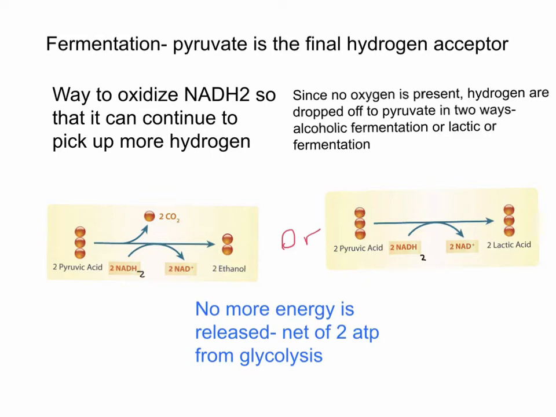When it drops off those hydrogens, a CO2 comes off, and you also get ethyl alcohol. The big thing is your NAD can now go back and continue with glycolysis, because if not, they all get used up.